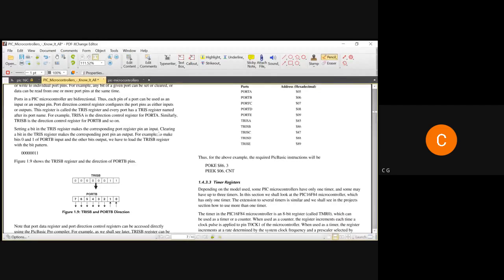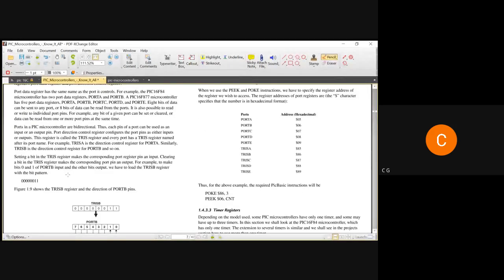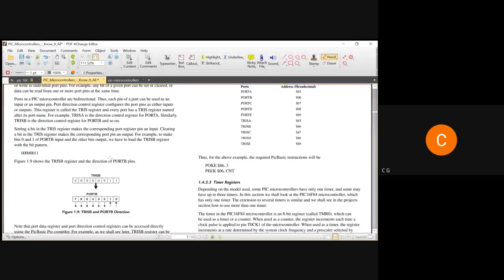There is an operation related to TRIS A and port B, shown as an example. In this case, we have to read carefully and grab the information only related to port A and port B, not all the ports. Only the operation is shown in some sort of example.